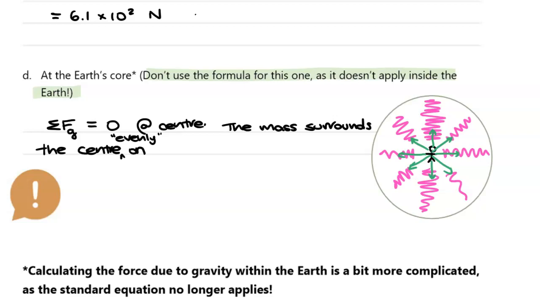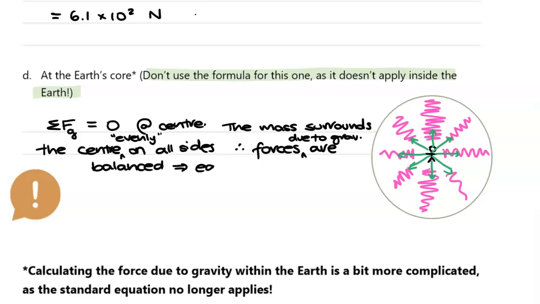Evenly on all sides. Therefore, forces are balanced. So let's say forces due to gravity are balanced, which results in equilibrium.